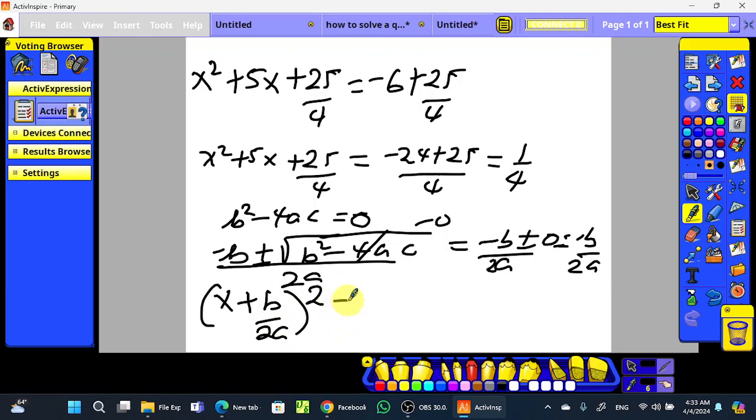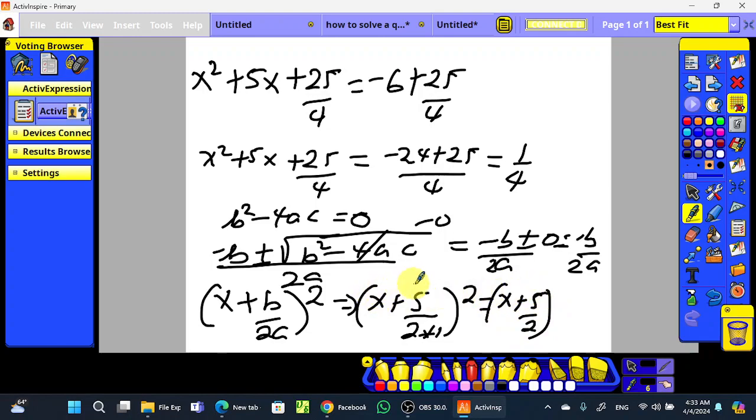This means in our case x plus 5 over 2a, where a is just 1, so 2 times 1, the whole square.